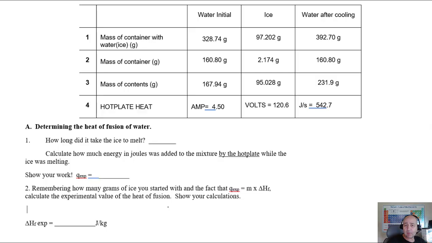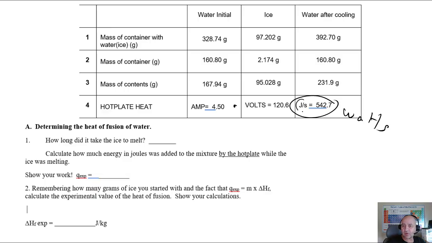Now, your hot plate on the bottom will possibly have the watts, okay? So if the watts are listed, then you just write that down, and we don't need the amps and the volts. If it doesn't have the watts, but it has amps and volts, you can calculate the watts by multiplying amps times volts.